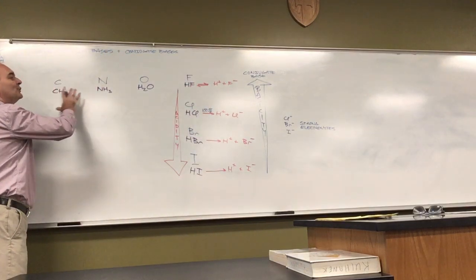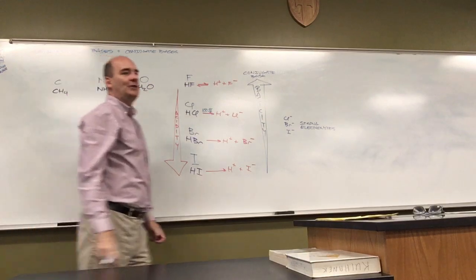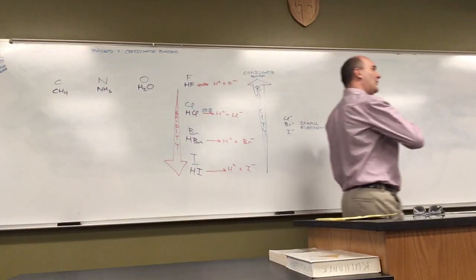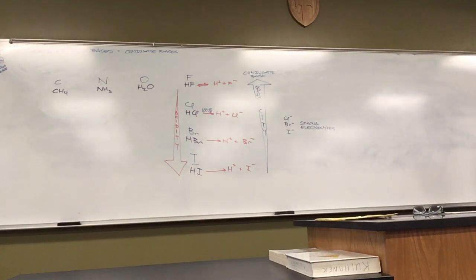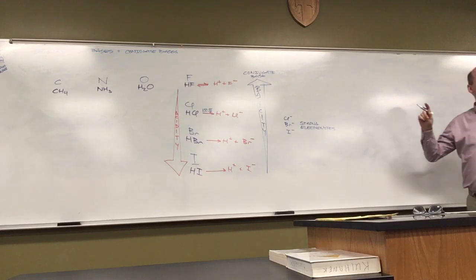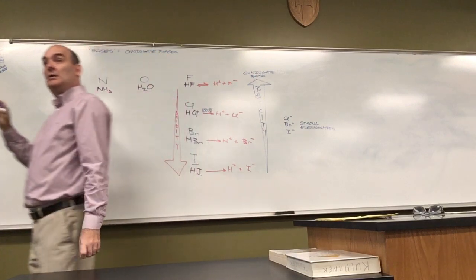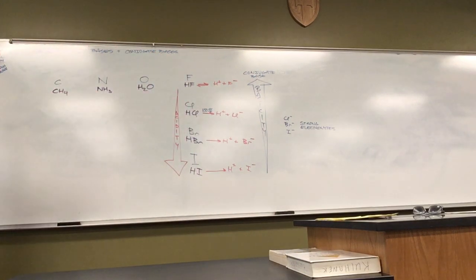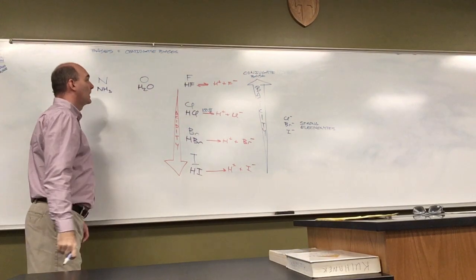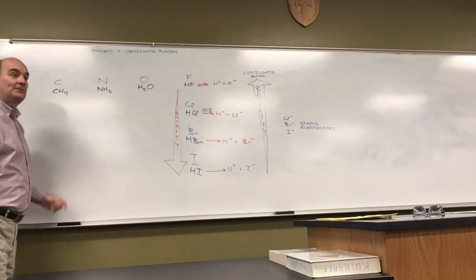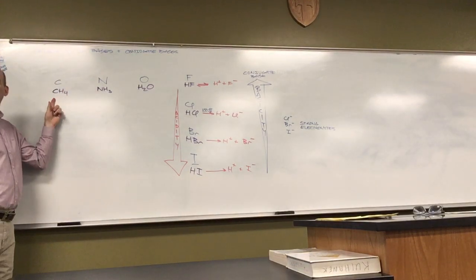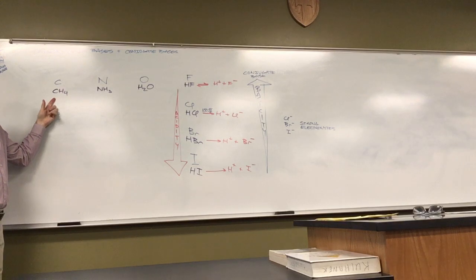Okay, so we're going to do the same thing. If I can spot the acidity trend on the horizontal now, then I can know what the basicity trend is for the conjugate bases. Let's see if we can spot it. Anybody know what that's called? CH4?